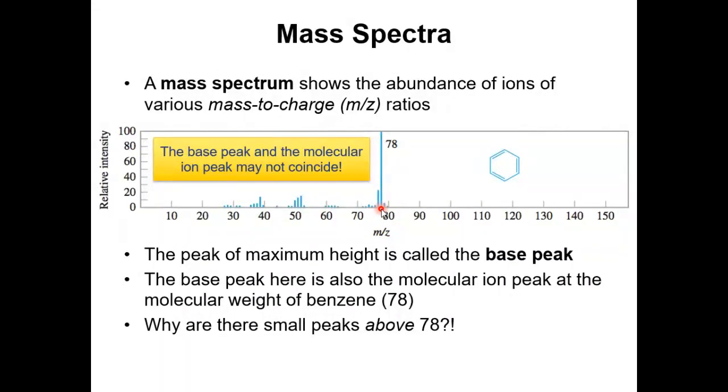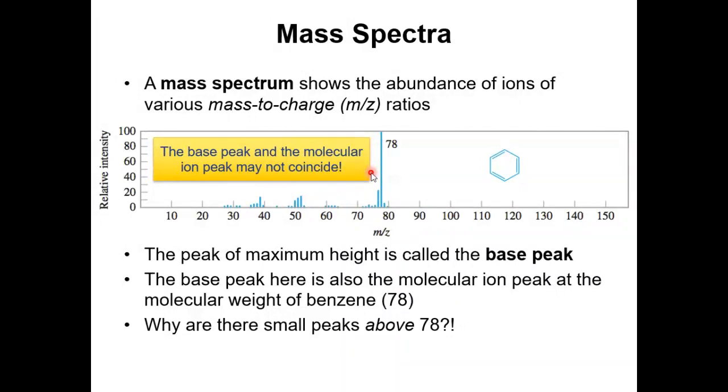So it matches the molecular ion peak, but it's not always the case. I hope you understand the base peak is the molecular ion of benzene. Basically, benzene loses 1 electron, didn't lose any proton or whatsoever, so it gives you a peak of 78.